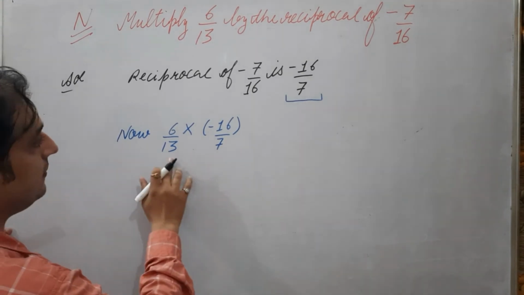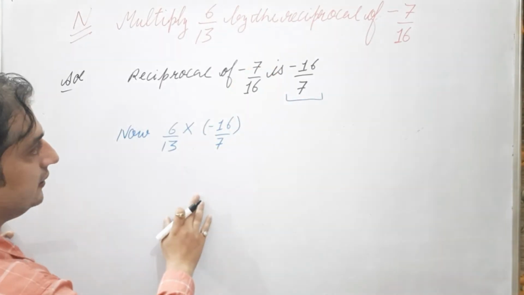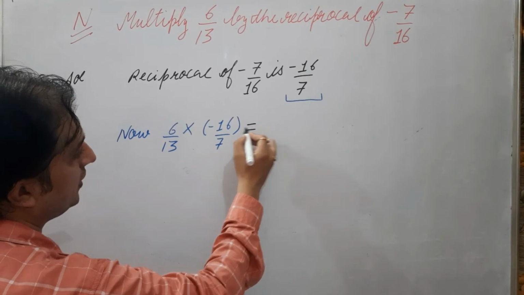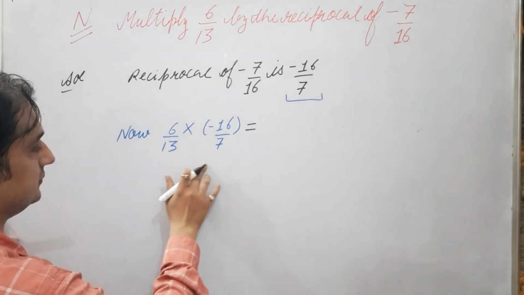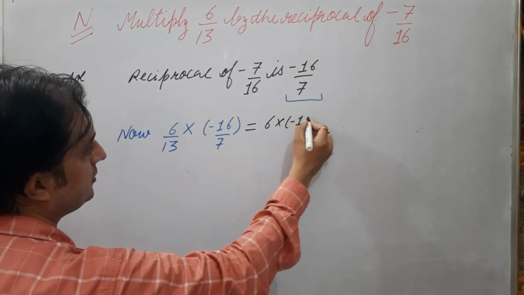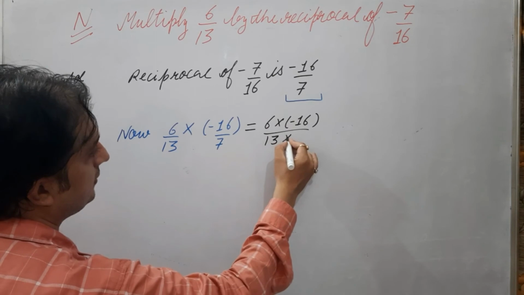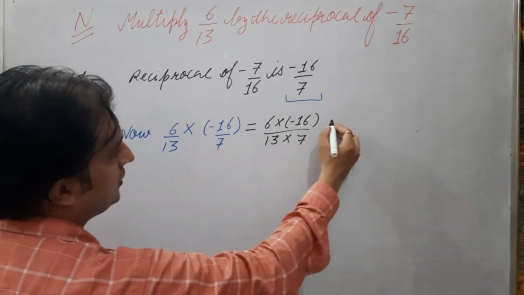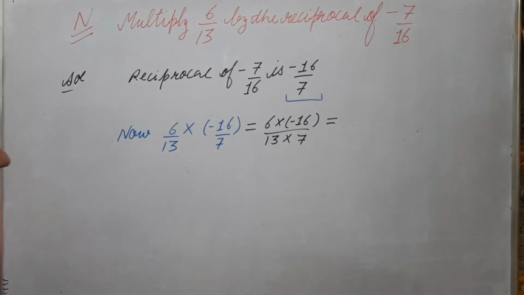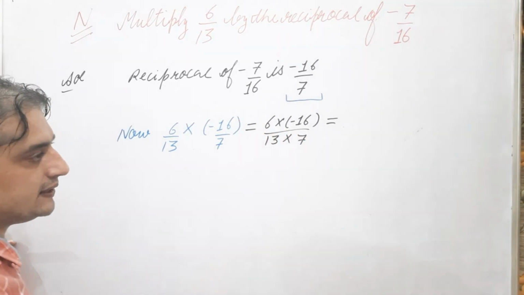The product of the numerators over the product of the denominators: 6 multiplied by minus 16 over 13 multiplied by 7. So what is the product? 6 sixteens are 96. One number is negative, another number is positive, so the product is negative.